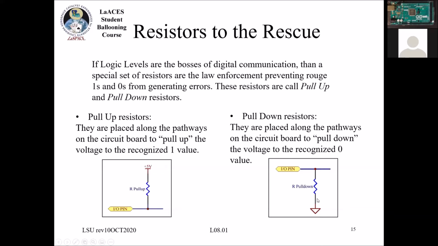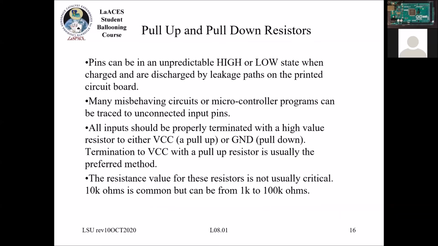That's called a pull-down resistor, and that gives me a 0 when nothing's connected here. And that's important because if I didn't have that and I just had this I/O pin connected to nothing, which is called floating, you might get all kinds of weird voltage values, which means you'll have all kinds of strange inputs if you're trying to interpret that.